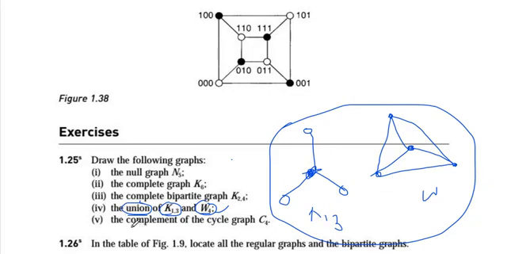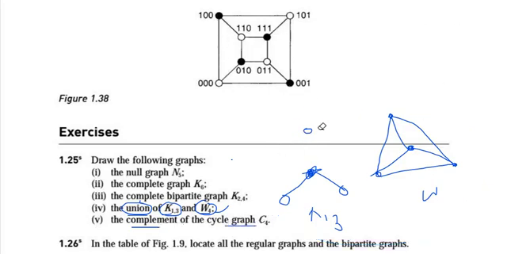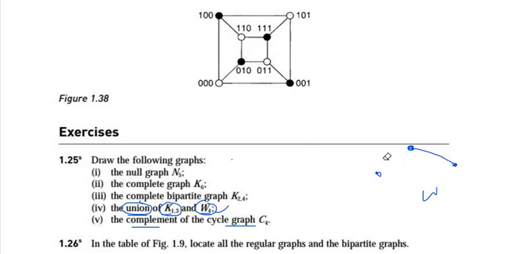Then next is the complement of the cycle graph C4. As I recall, we studied this in the last-to-last lecture. Complement means opposite. So let's first draw the cycle graph C4, like this, and then draw its complement.